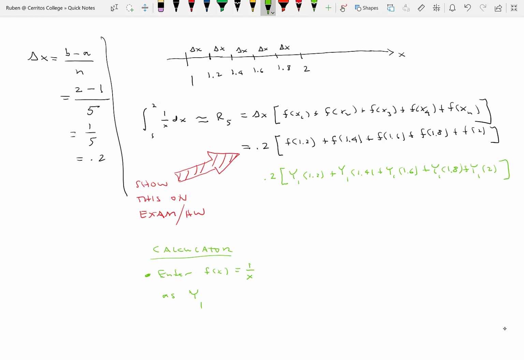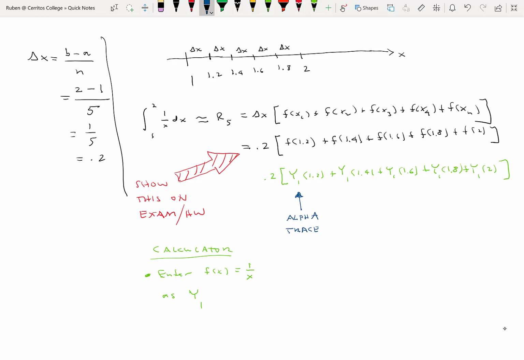In blue, this is one version of what you would enter in your graphing calculator. To enter y1 of 1.2, you would push the green alpha button, then trace.